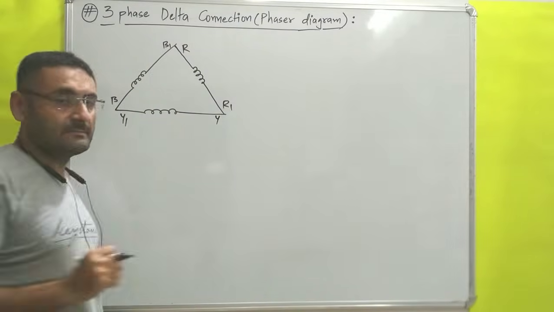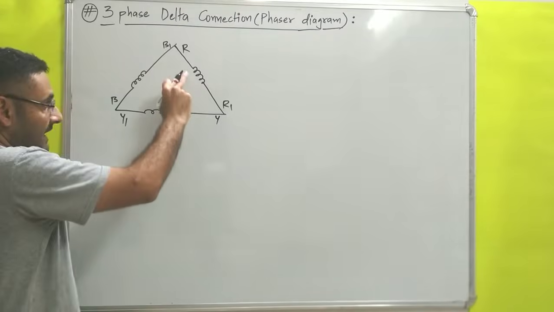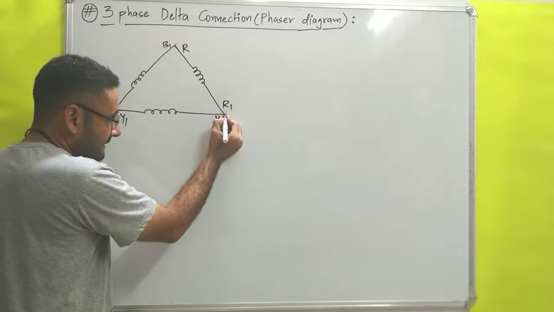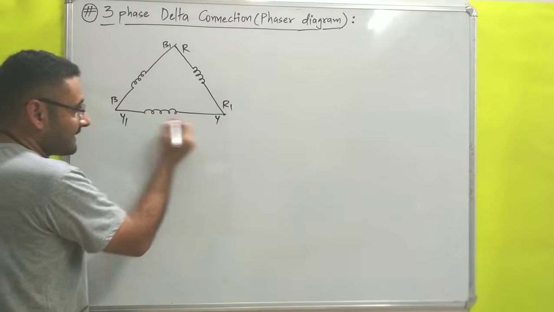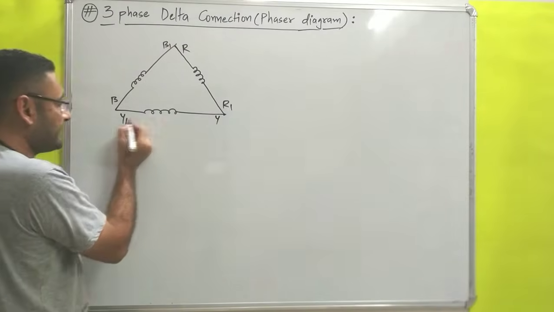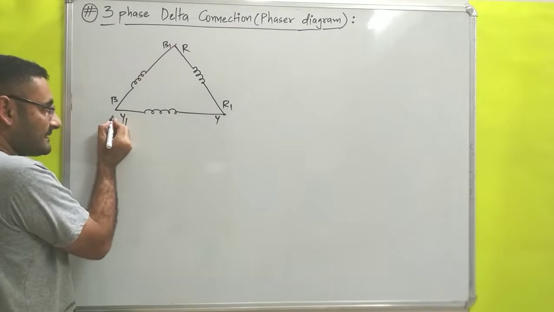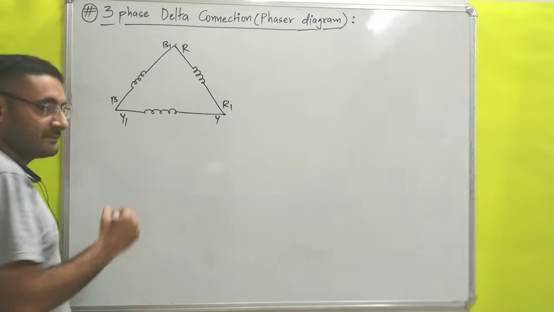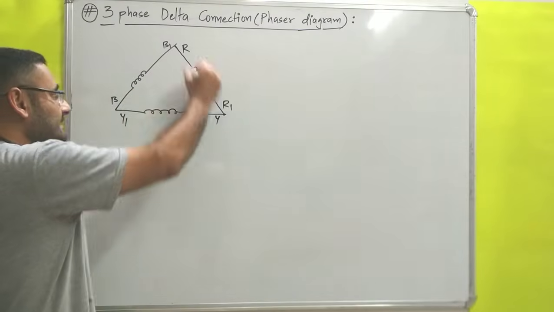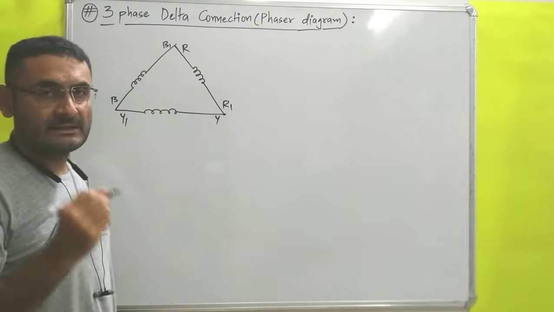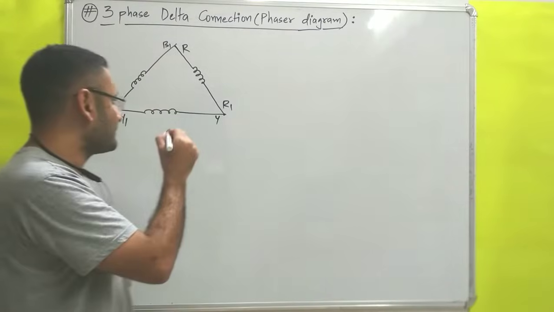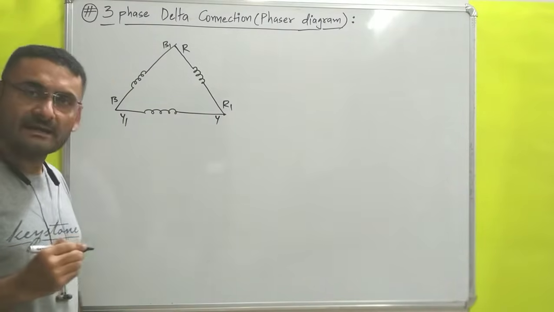So delta connection means what? At the end of the first phase, the starting of the second phase is connected, and at the end of the second phase, the starting of the third phase is connected, and all these three phases are connected in the form of a delta. So that is known as three-phase delta connection.